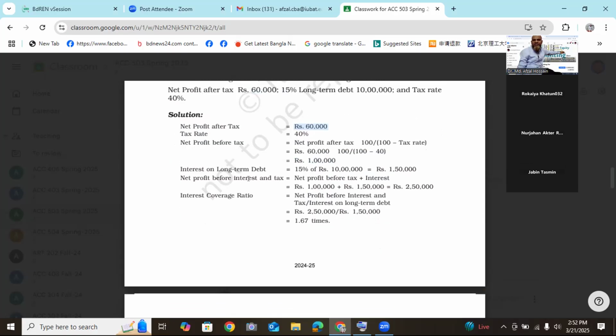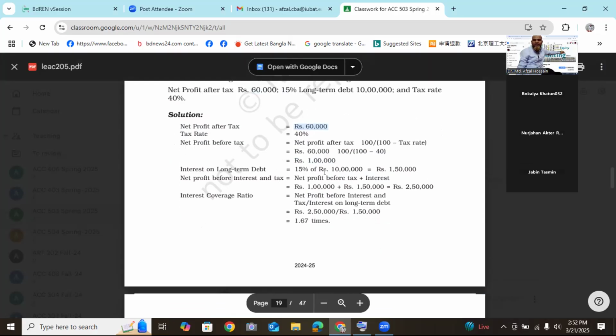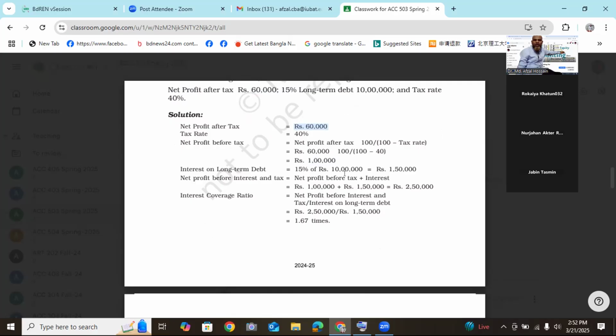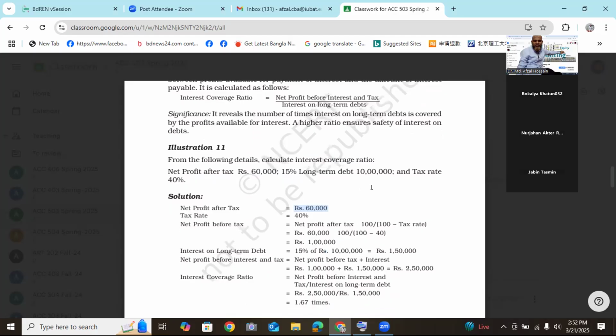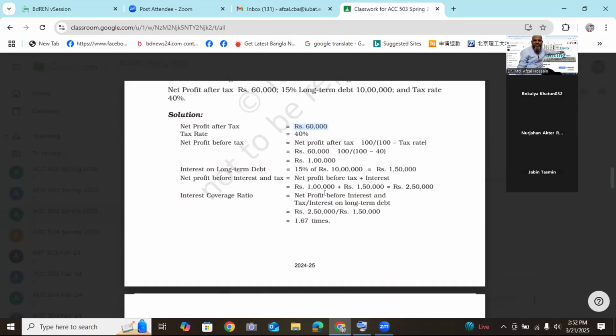Then interest on long-term debts is 15% of 10 lakh, which is 1,50,000. So 1,50,000 is the interest.